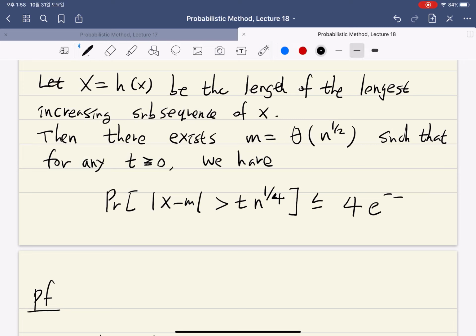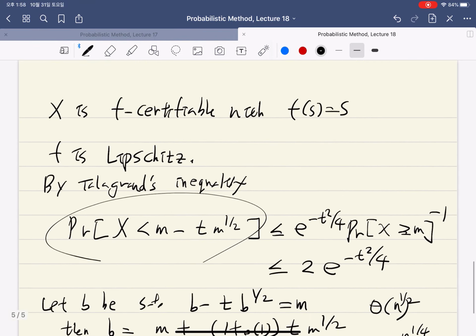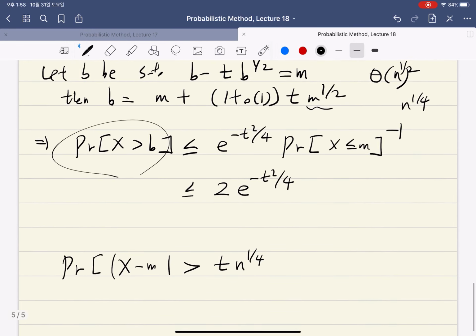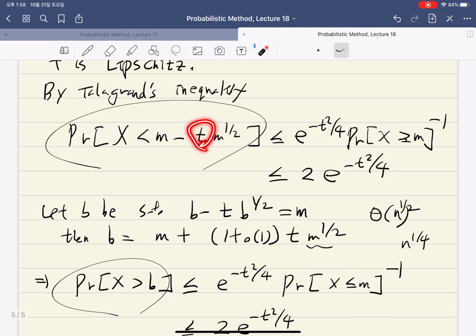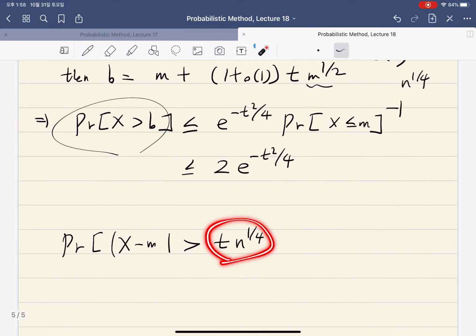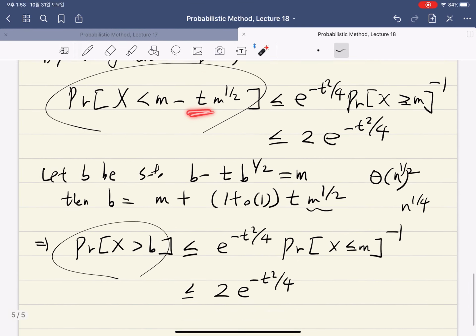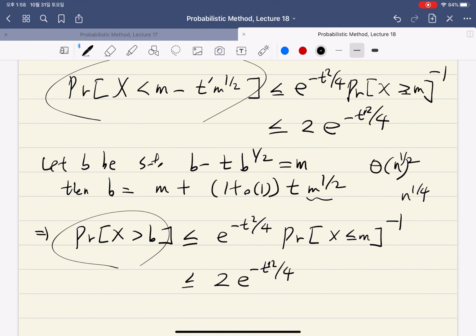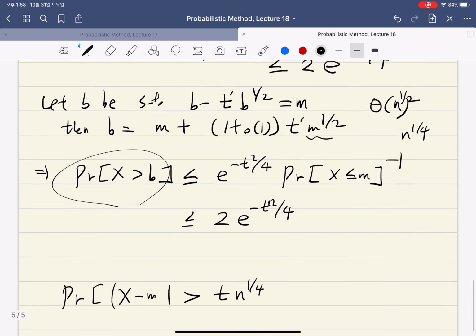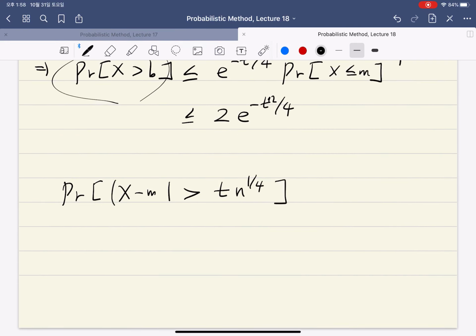Let's just say omega of t squared, because I made some mistake here, because you have to take this t so that we actually get this t. So this t and this t are different. So from this t, you have to change this to t prime so that you get the right number later. But anyway, from here you get the desired inequality.